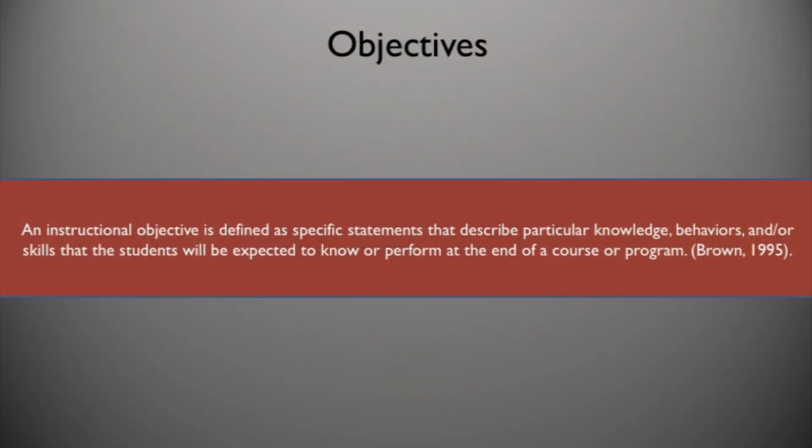From goals, we come to the objectives. What is an objective? Objective is defined as specific statement that describes particular knowledge, behaviors, and or skills that students should be expected to know or perform at the end of a course or a program.